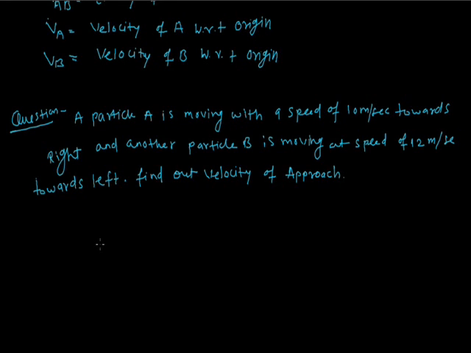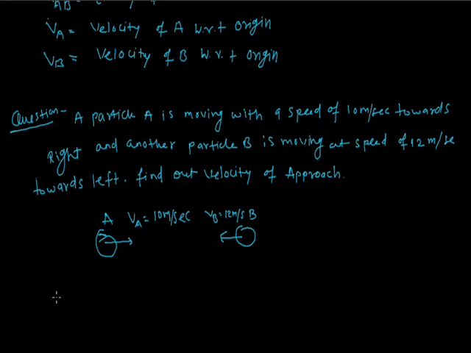So to solve these questions, first we draw the diagram. Suppose that is particle A and it is moving towards right with a velocity VA of 10 meter per second, and there is another particle B that is moving towards left with a velocity of 12 meter per second. So we have to find the velocity of approach.